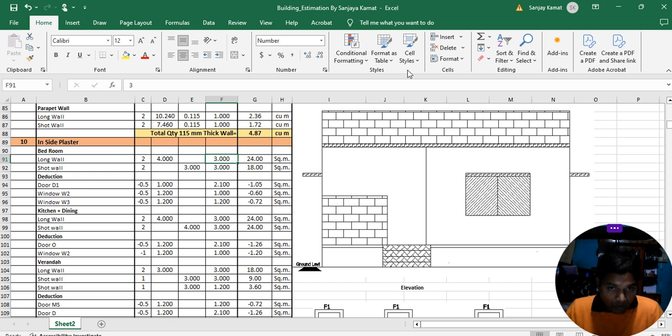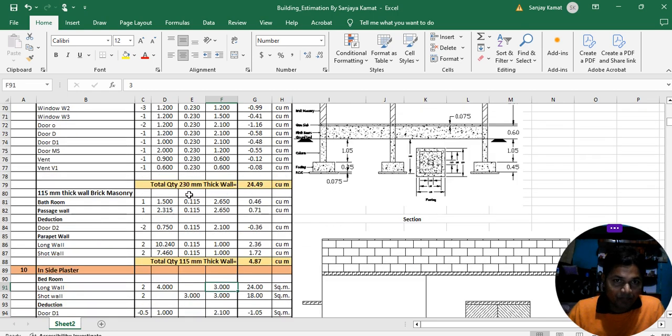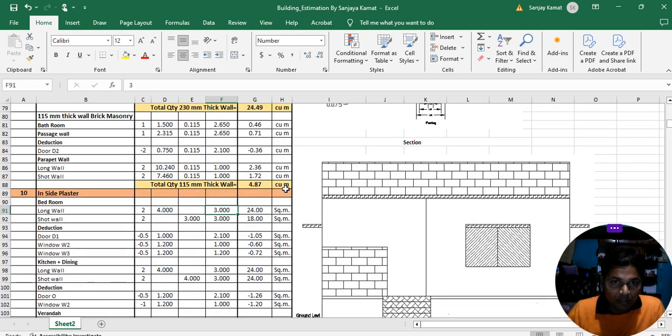Now see, up to this brick masonry, we work in cubic meter only. From here, inside plaster, why am I saying square meter?